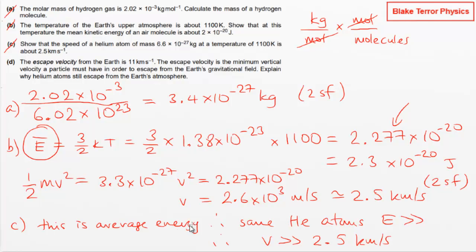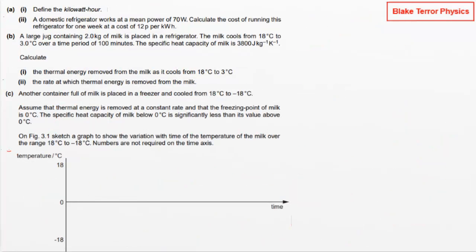That's the key point that you want to put in, and then following that chain through, saying therefore some of them have got more energy, so some of them have got a lot more velocity. There we go. So just some calculations to warm us up.